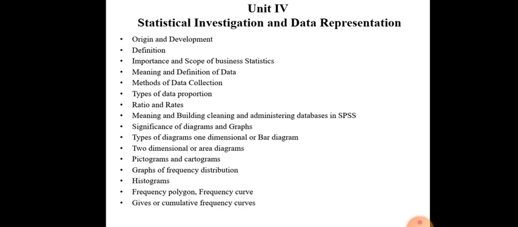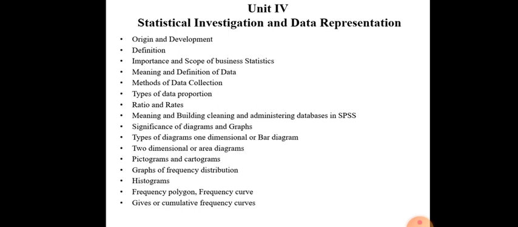As for data representation, we can present the data in front of the users of statistical data by way of charts and diagrams, and we will see all these things.